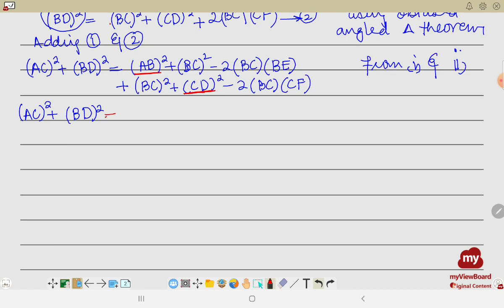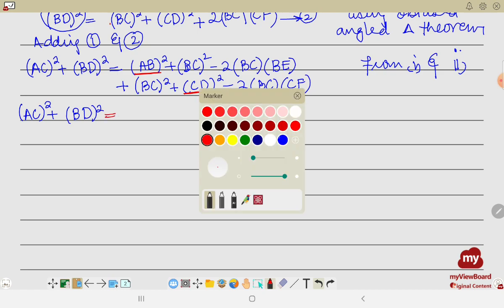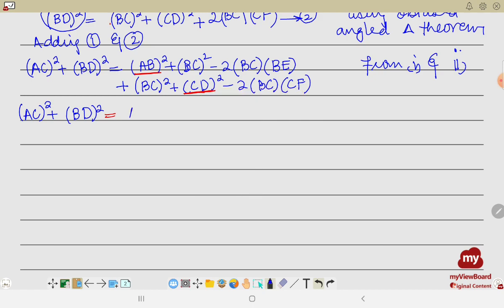So we'll be writing down, this will be equal to AB square plus, this is BC and this is also BC. So we can write it down 2 times of BC square, right? And here also, okay, one is with the plus sign because it was the obtuse angle triangle theorem. Okay, and here also 2 times of BC and BE and CF, since these are the projections and we are having the same angles of the parallelograms, the projections will be equal.